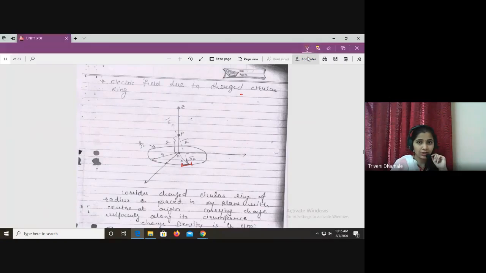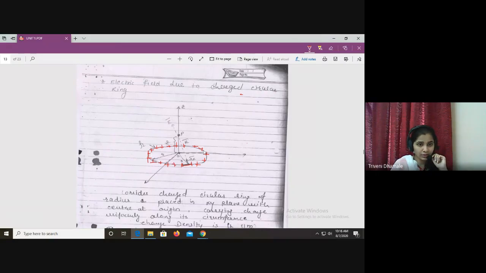That means whatever charges are placed are on this ring only, not inside the ring. So please try to understand these concepts, whether surface is there, or length is there. Now on this charged circular ring, all charges are distributed on the ring. Okay, it is a ring, right? Like a curl.